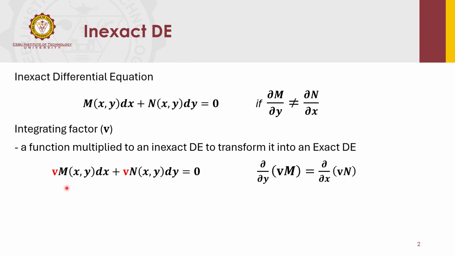So here's what we do. We multiply the entire equation by the integrating factor, and therefore the partial derivative of the new expression with respect to y, the integrating factor multiplied to M, is now equal to the partial derivative of the integrating factor times N with respect to x.